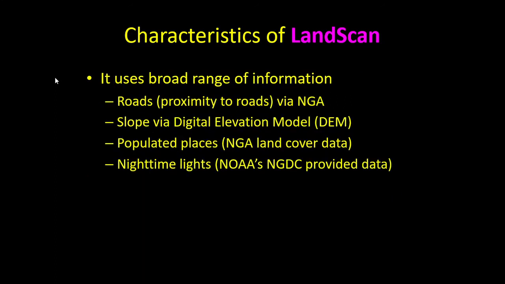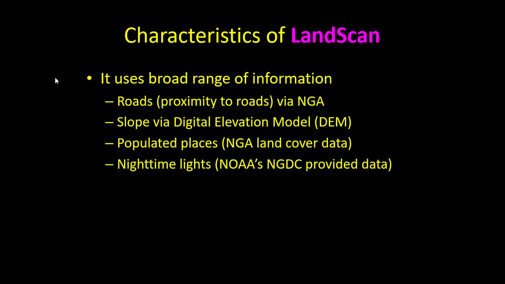What's cool about LandScan is it utilizes a variety of information to calculate this raster of population. It shows where there is low density, high density, and all of that. It uses roads, from the National Geospatial Intelligence Agency. It uses slope, and that slope is very high detail, very accurate, via the digital elevation model. So slope is being created from LiDAR, which is extremely accurate.